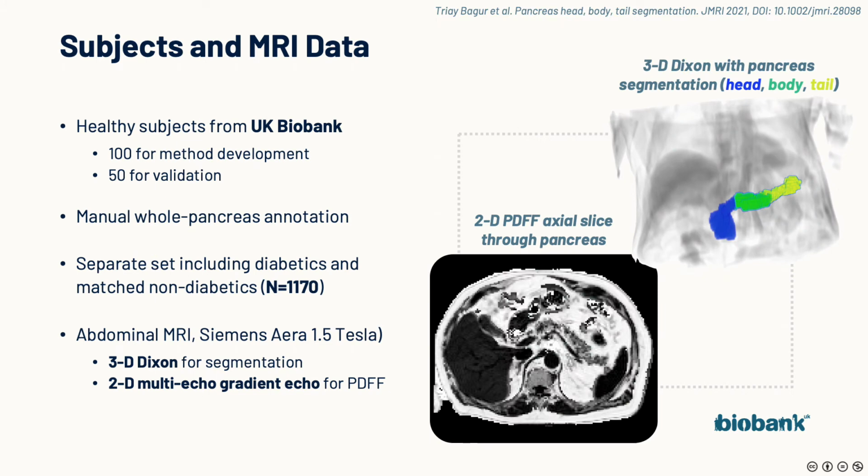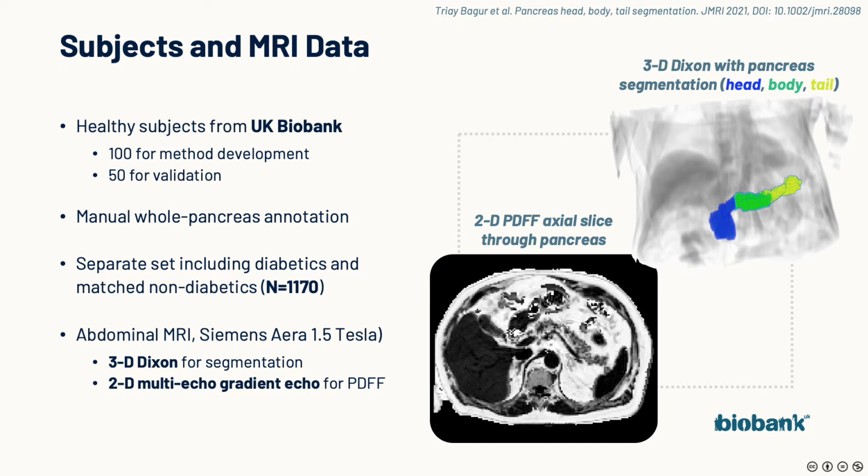We used 150 healthy subjects from the UK Biobank imaging study, 100 for method development and 50 for validation. Manual whole organ delineation was performed on all 150 subjects. A separate set of subjects from UK Biobank was included, containing subjects with self-reported type 2 diabetes and gender and age matched nondiabetics.